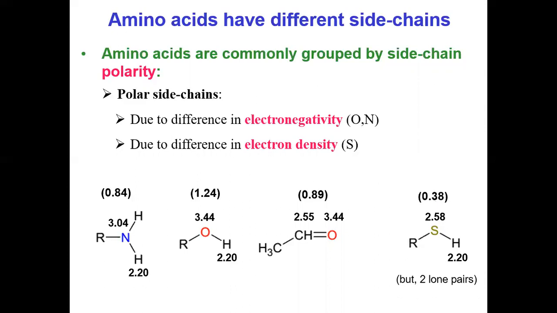So this means that this group and the whole amino acid cysteine shouldn't be polar, but it is polar because sulfur also contains 2 lone pairs of electrons, and this puts a negative charge density on the sulfur and makes the bond more polar than it should be if we just consider the electronegativities.